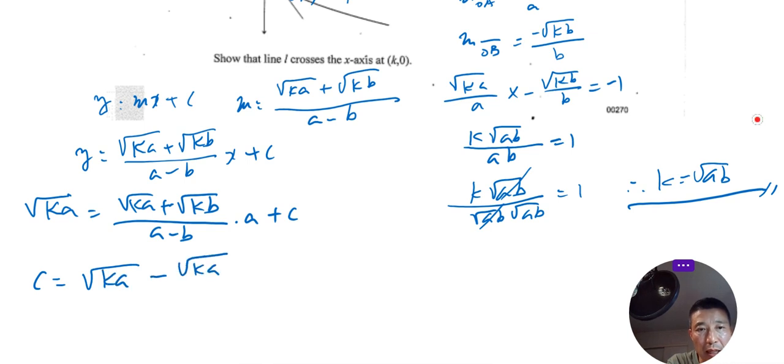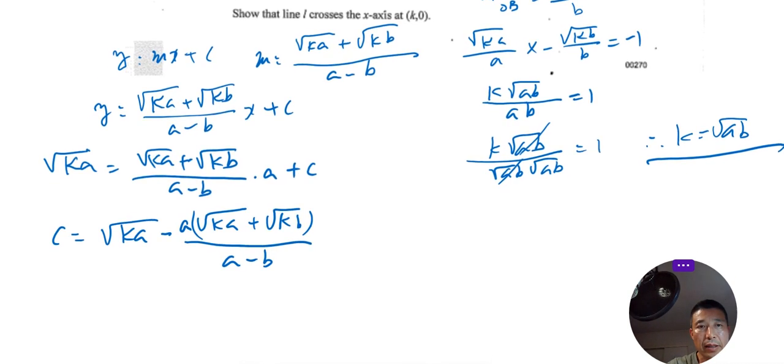I've got the square root of ka minus the square root of ka plus the square root of kb, times a, over a minus b, isn't it? I'm gonna say a here, sorry. Right, I think we are getting there.